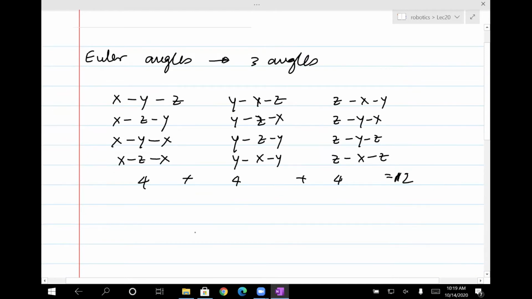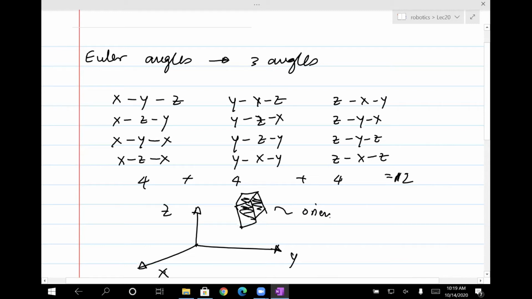So if you have a three-dimensional object in space, let's say a box, and you're trying to describe its orientation, how do you do that? Well, there are 12 ways of doing that.